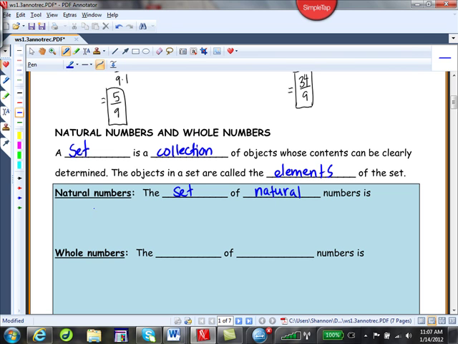So here's our set notation, and you can list it. So 1, 2, 3, 4, and on like that forever, and in the set. So this notation is called roster notation. Roster notation contains a list, and we have a list of numbers in our roster notation.